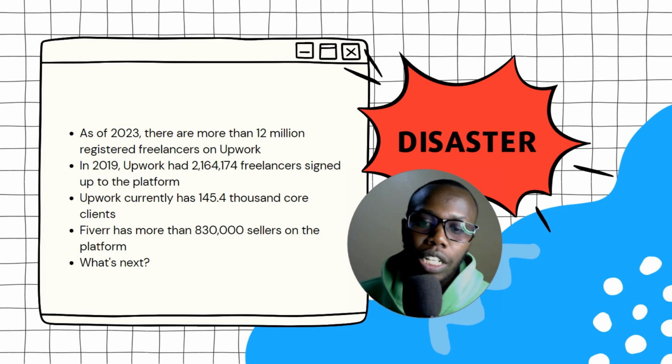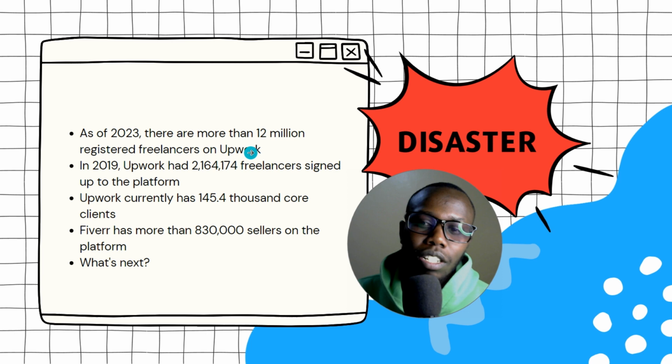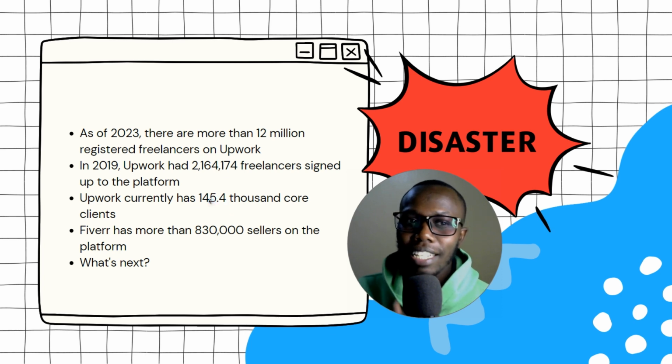Now Upwork currently has around 145,000 clients. If you compare that with a competition of 12 million, in short, the supply of writers is higher than the demand.